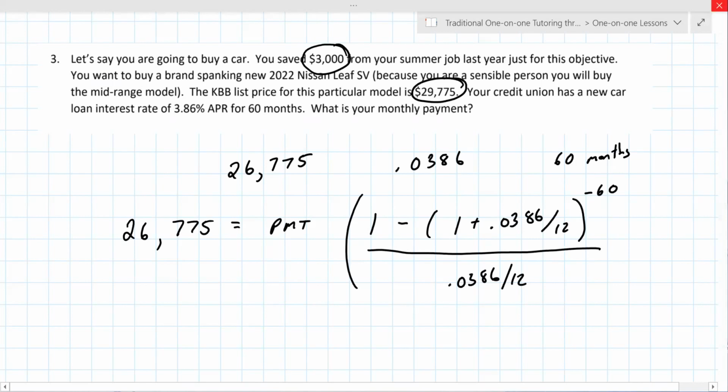Let me try this, see if it works. Yeah, so the payment works out to be $491.41 on this one.